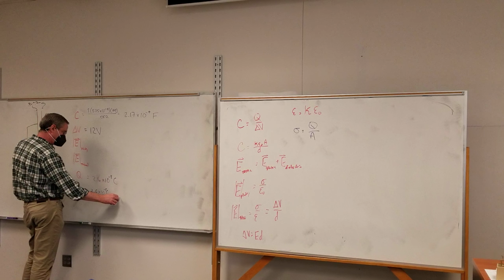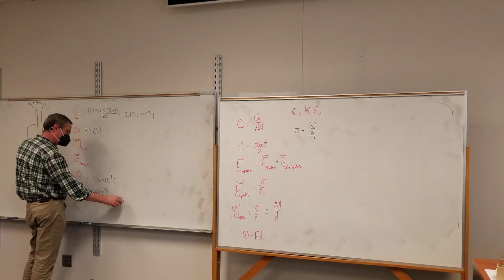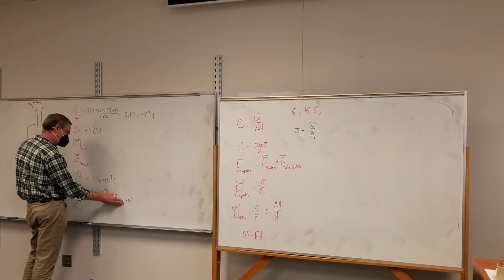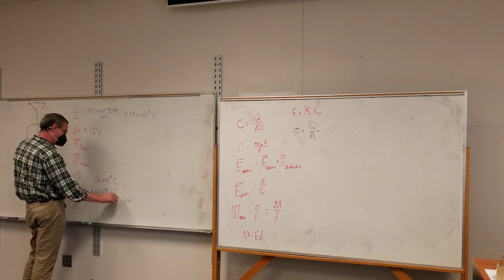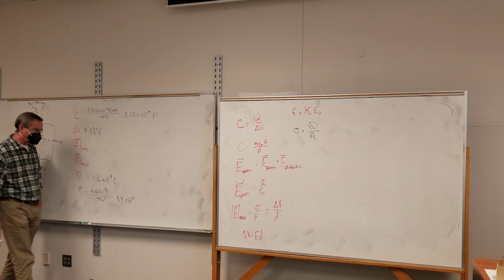So it's about 1.3, 1.2 something, 1.28. Oh, no, wrong way. Somewhere around 5.2. I got 5.3 times 10 to the negative 8. They're the same thing. All right, units?